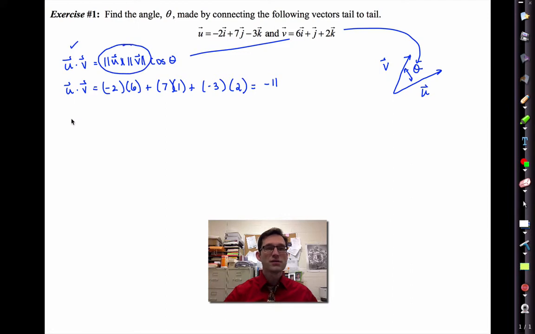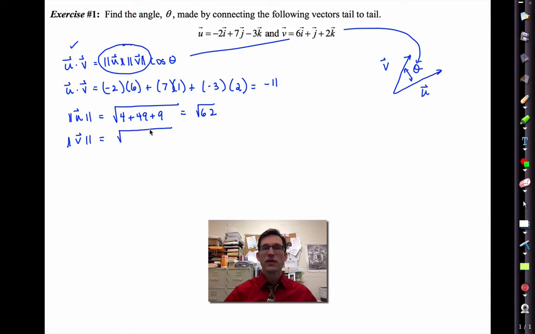These two things we can find using that extended Pythagorean theorem. So the magnitude of u is the square root of negative 2 squared plus 7 squared plus negative 3 squared. This is going to be a little bit ugly, but we're going to get the square root of 62. Then we can find the magnitude of v.